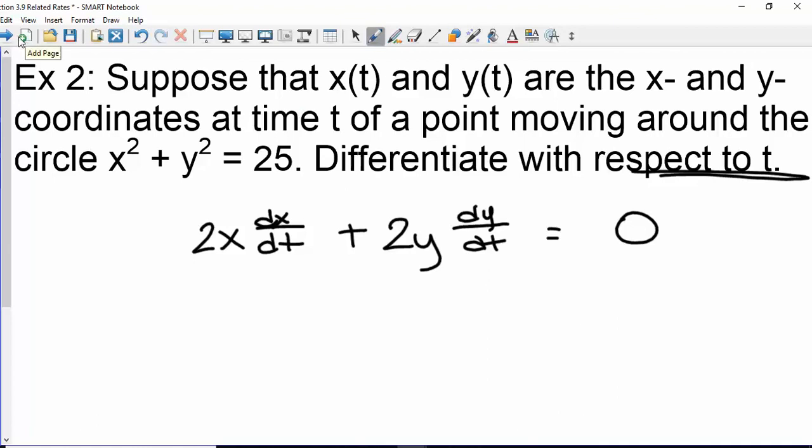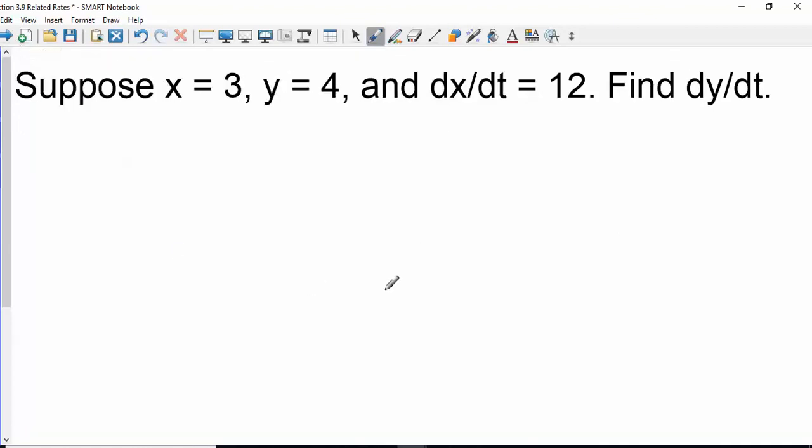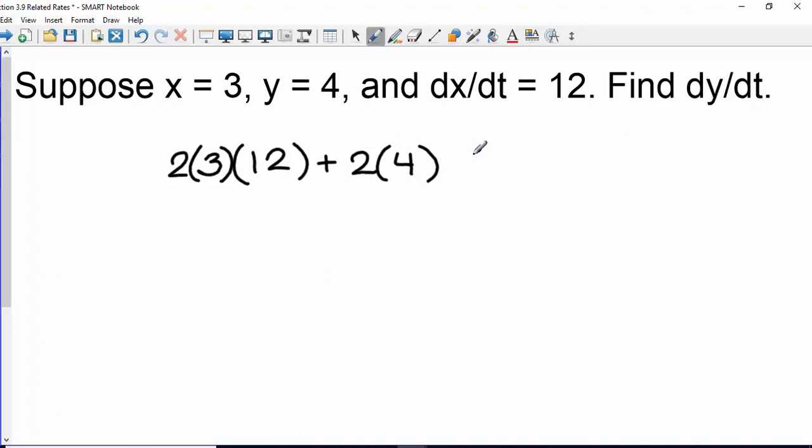All right, so then I told you x is 3, y is 4, dx/dt is 12. Find dy/dt. So we have 2 times x times dx/dt plus 2 times y times dy/dt equals 0.